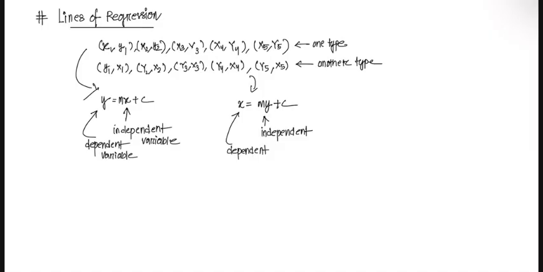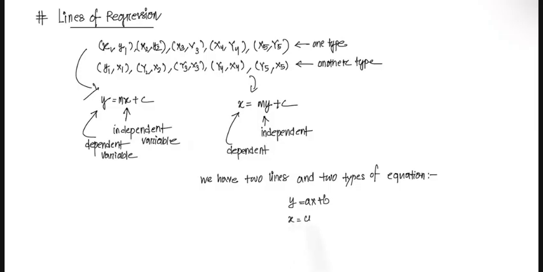So there are two equations. We have two lines and two types of equation. One is y equal to ax plus b and x is equal to cy plus d.